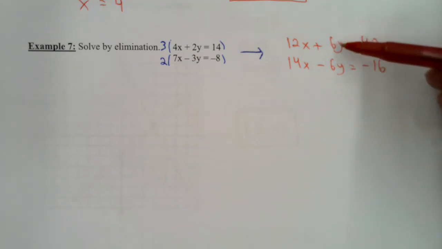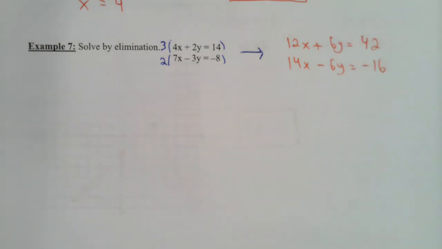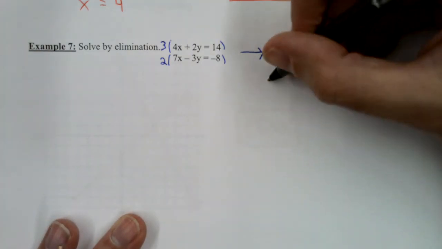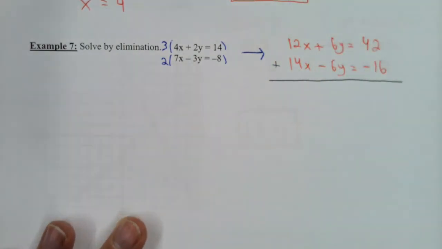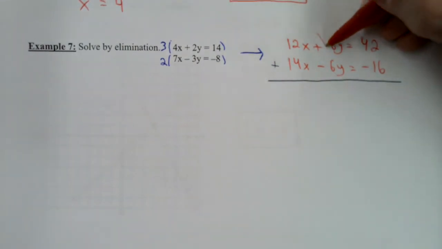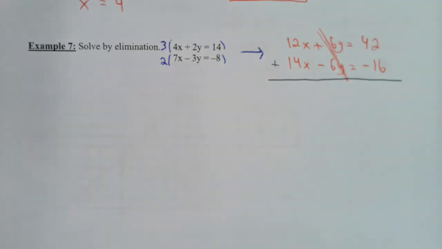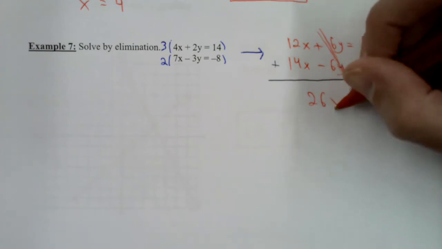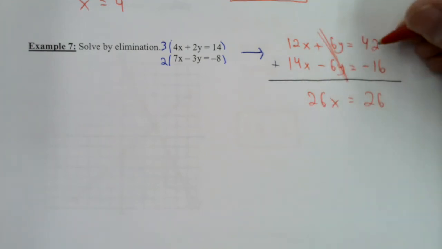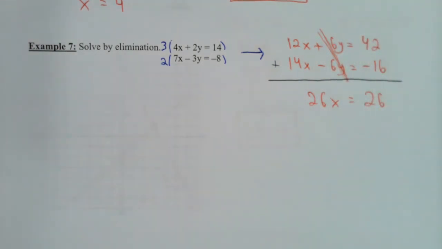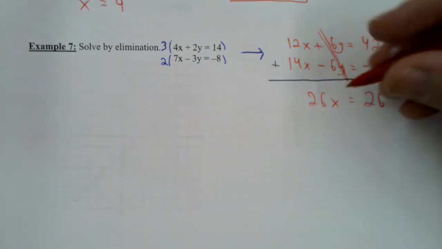I have positive 6y and negative 6y. Add the two equations together. The y's get eliminated because they have opposite coefficients. They add to become 0. Add the x's and you get 26x equals 42 minus 16, which is 26. So x equals 1.